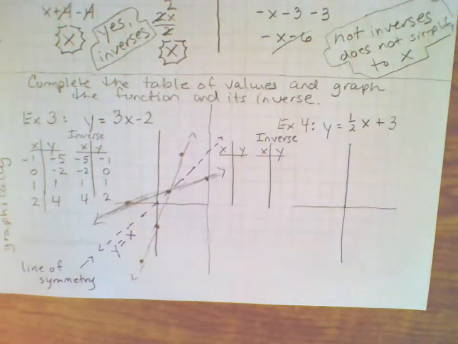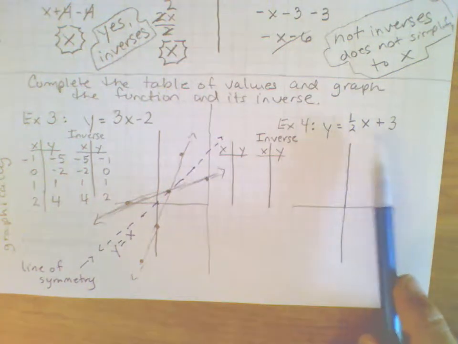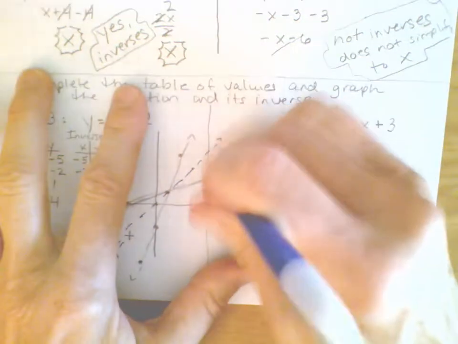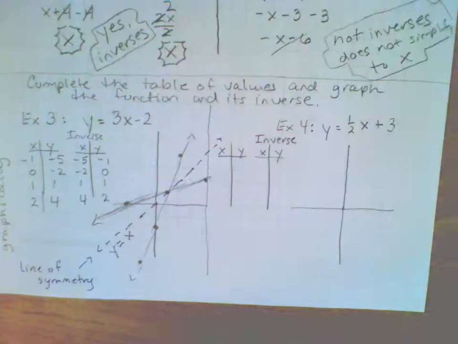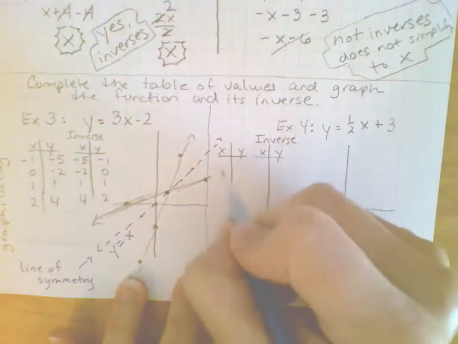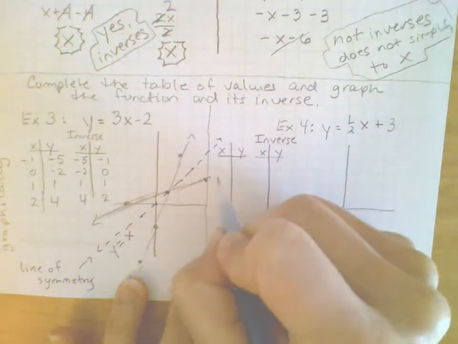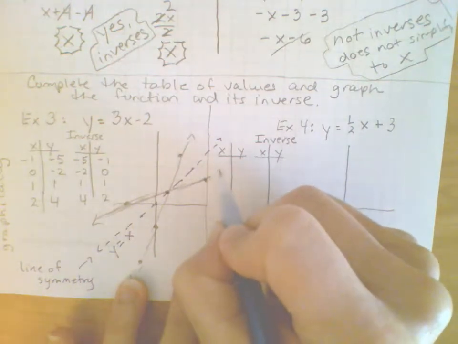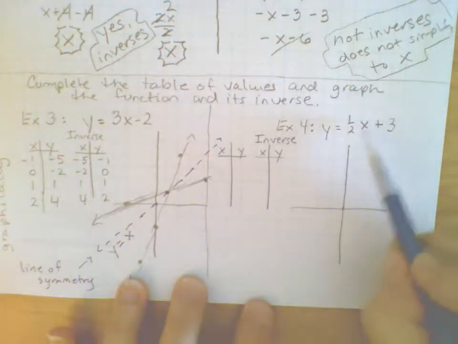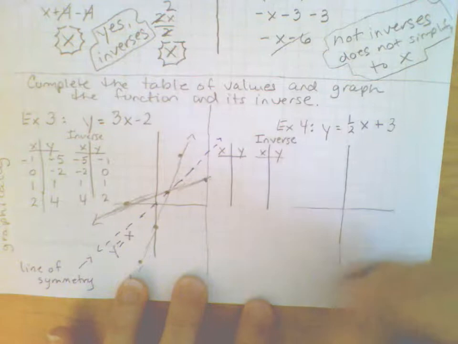So I'm going to do the same thing. I'm going to take this second function, 1/2 x plus 3, and I'm going to generate some points for my table. Clean that up a little. So let's use -1. Actually, you know what? Since we have that fraction in there, I want those to work out to be whole numbers.